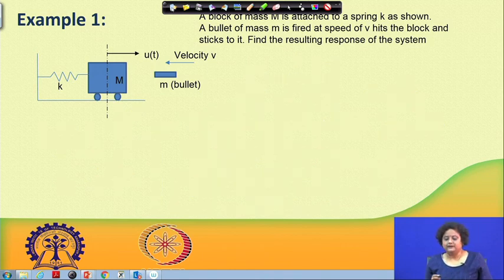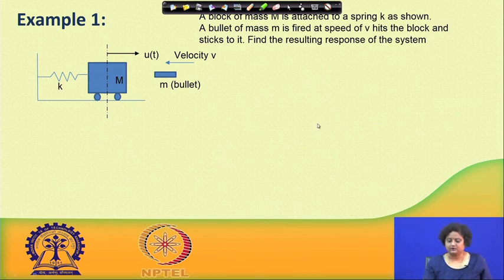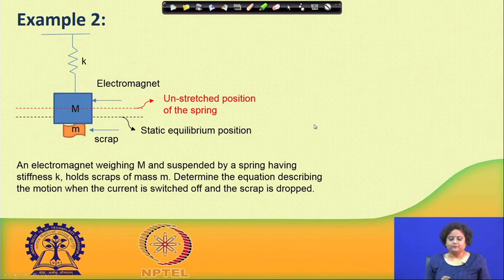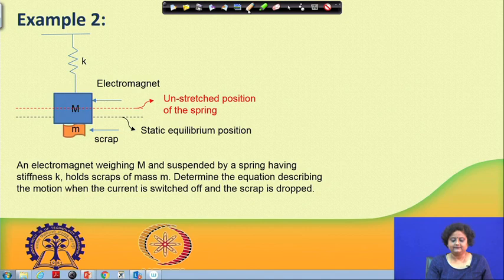Let us now go to the second problem. The second problem is slightly more difficult than the previous problem. What we have here is again a spring mass system, but here it is suspended in the vertical direction.